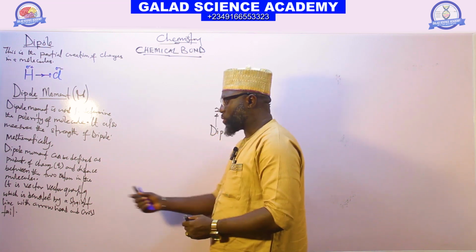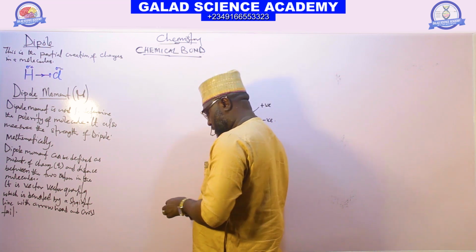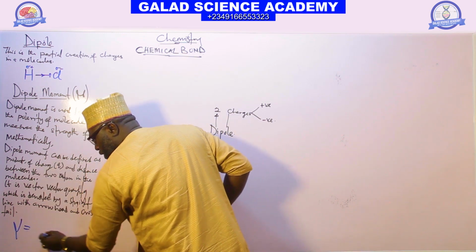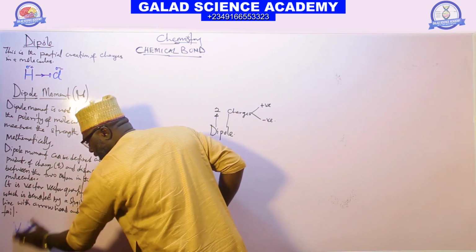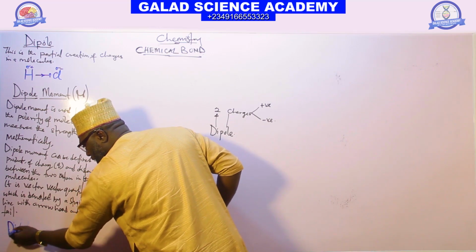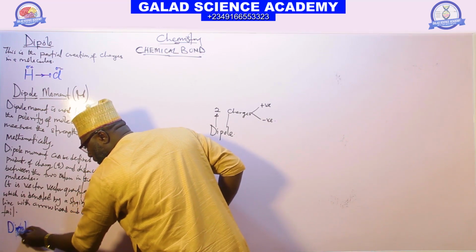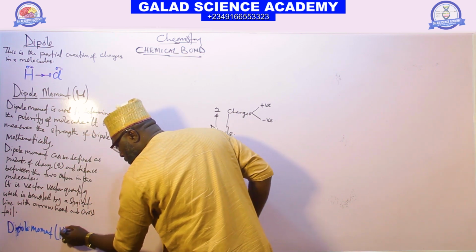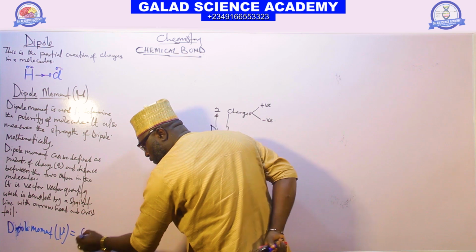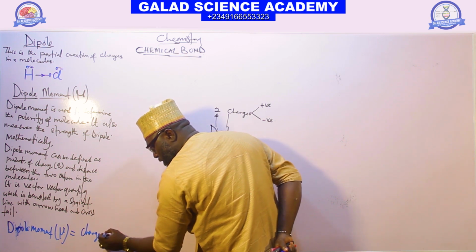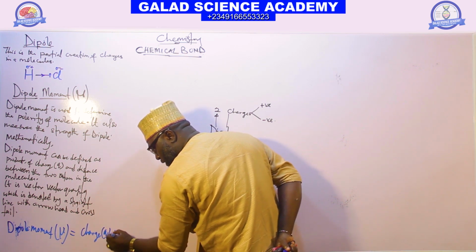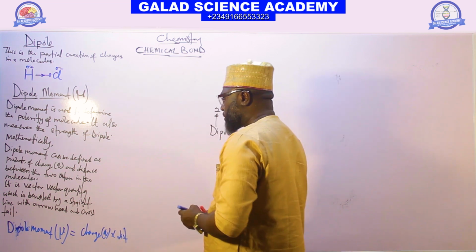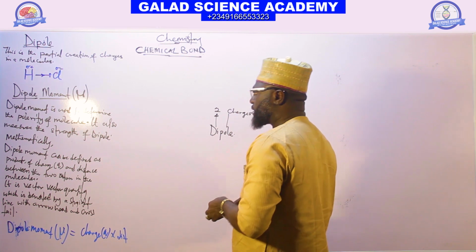So let us look at it mathematically. Dipole moment, which is mu, is equal to the product of charge, which is Q, times distance.